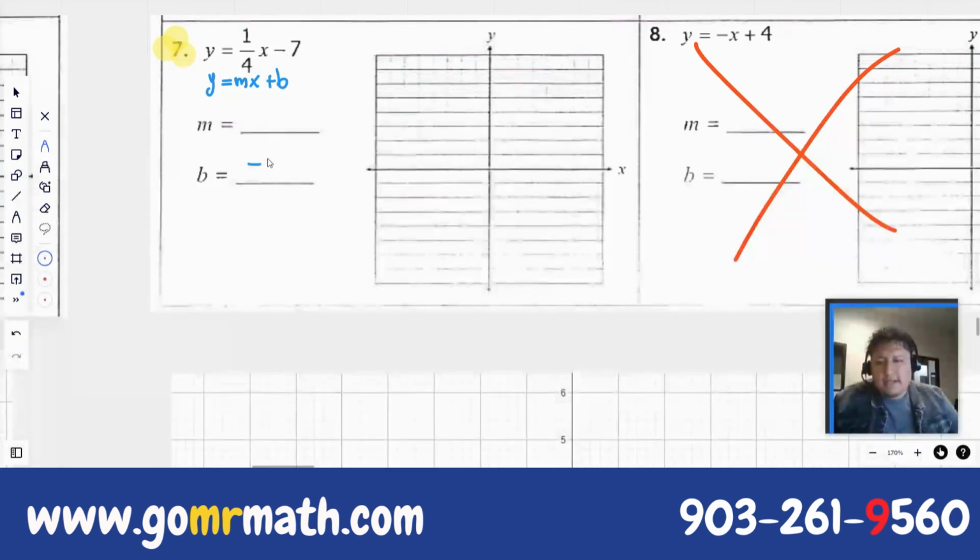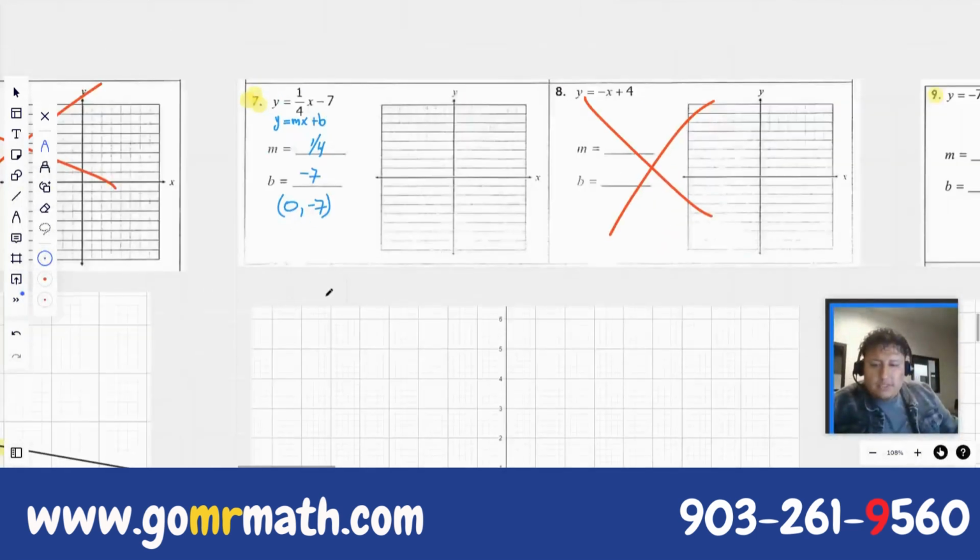So my b is negative 7. Therefore, my intercept will be 0, negative 7. This is the intercept with the y-axis. And my m is 1/4. That is my slope, 1/4.